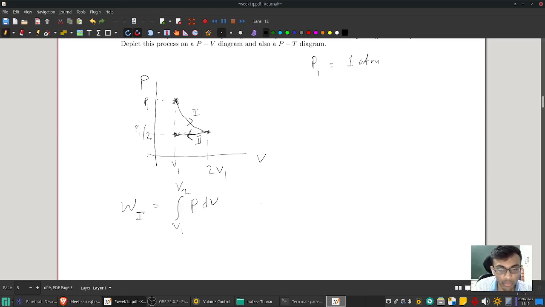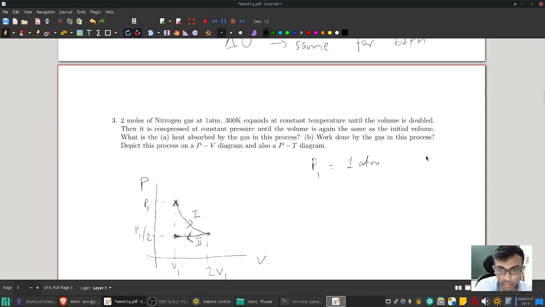Let me just write these given parameters to start with, to note these things. So the initial temperature is 300 Kelvin, and the number of moles is 2.